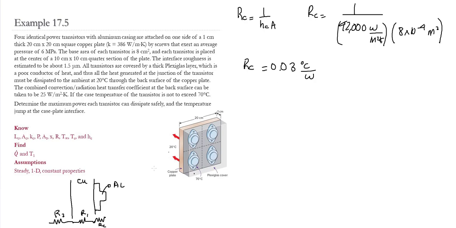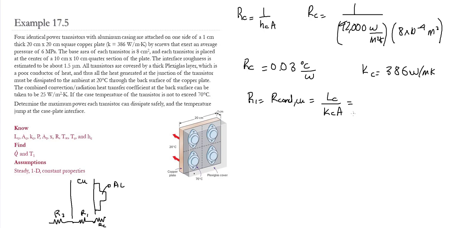Now that we have the contact resistance, we're going to calculate R1, which is the conduction resistance for copper. It's simply going to be the length for copper divided by K of copper and A. The value that we are going to use for K of copper is given to be 386 watts per meter Kelvin. The length that is provided is 1 centimeter thickness.